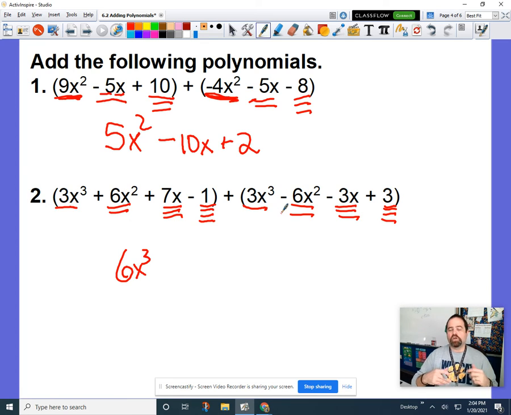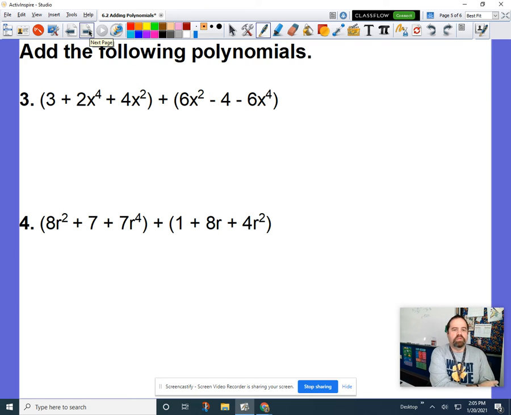You can have terms cancel out when you do this. Zeros are zeros, so you don't have to bother with them. 7x plus negative 3x is 4x. And negative 1 plus 3 is positive 2. So I took a 4-term polynomial and a 4-term polynomial, and I came up with a trinomial. It's possible.